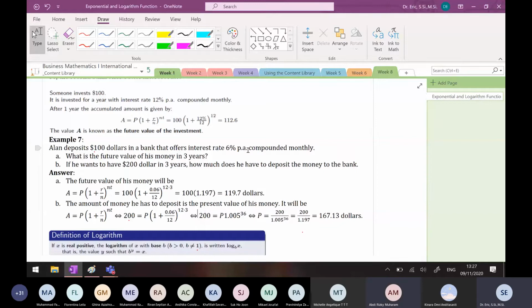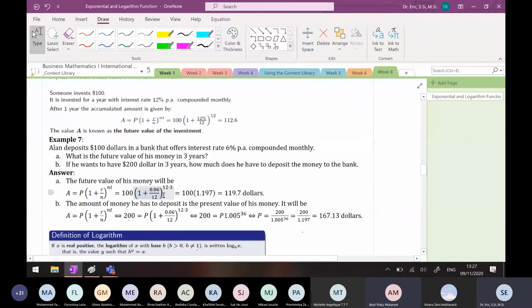Sir, I have a question. Yes. In the formula, it is compounded monthly, so you have to divide it by 12 and the power is 12 times 3. But if you compound it semi-annually, it will be 2 times 3 to the power of 2 times 3, right?